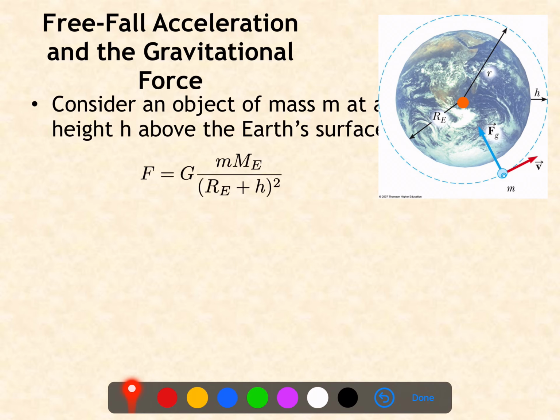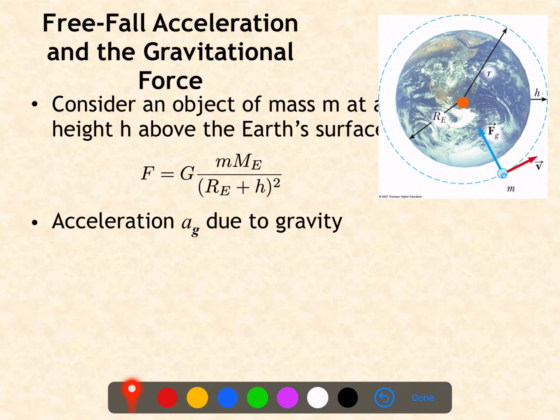So if you are at a significant height above the Earth, then we're going to include this height, if it's non-negligible, in our expression for the gravitational constant. So instead of just being at approximately the radius of the Earth, you're at the radius of the Earth plus some height h. Maybe it's even a low Earth orbit satellite.